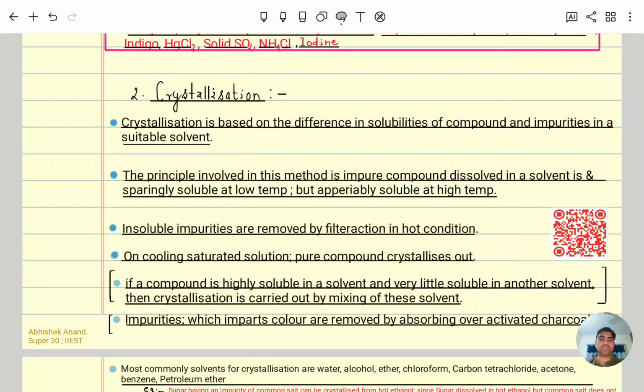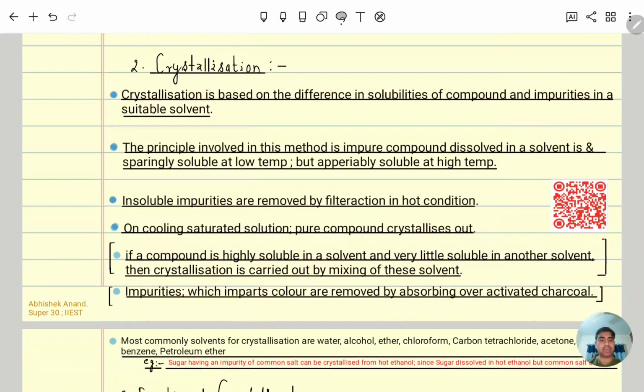For such a situation, crystallization is carried out by mixing solvents. We mix both types of solvent so that the organic compound is appreciably soluble and the impurities either float on the surface, so we can remove them through filtration, or if some amount is dissolved, they remain in the mother liquor and are segregated out, and crystals are formed. Next, impurities which impart color can be removed by activated charcoal.